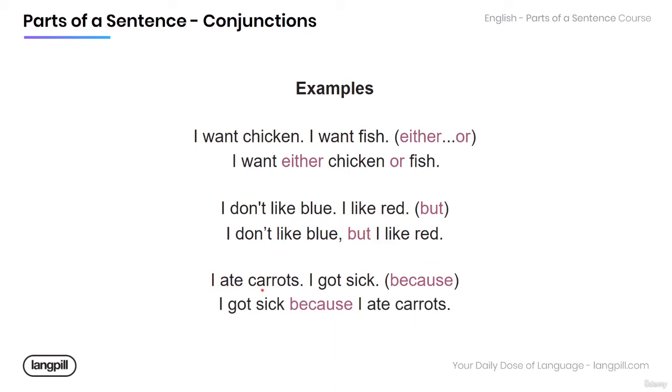Here, we have I ate carrots, I got sick. Now, the one we have to use is because. If I just put because here, I ate carrots because I got sick, that has a different meaning and that doesn't make much sense. But if we put it this way, I got sick because I ate carrots, that makes a little bit more sense.